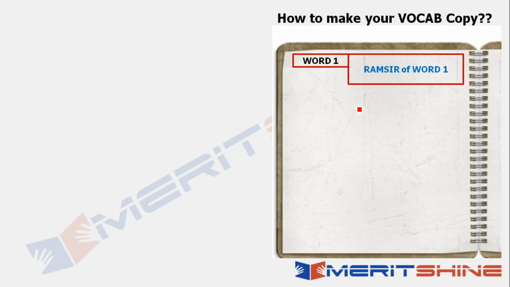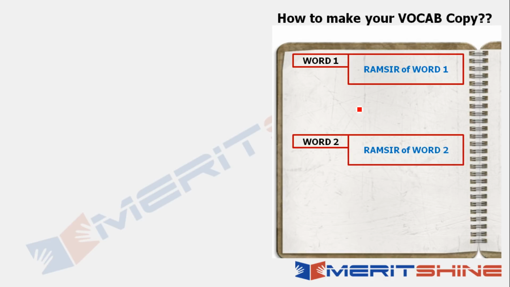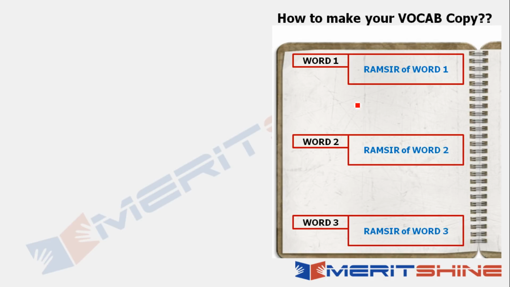Again, how to make your vocab copy? All of you know how to make your vocab copy. This is the way you make it. Word 1, RAMSIR of that word. If you are sitting with your copy, take it out and identify how I have suggested it. Word 1, then we'll do the activities of RAMSIR there. That will take 3 to 4 lines.